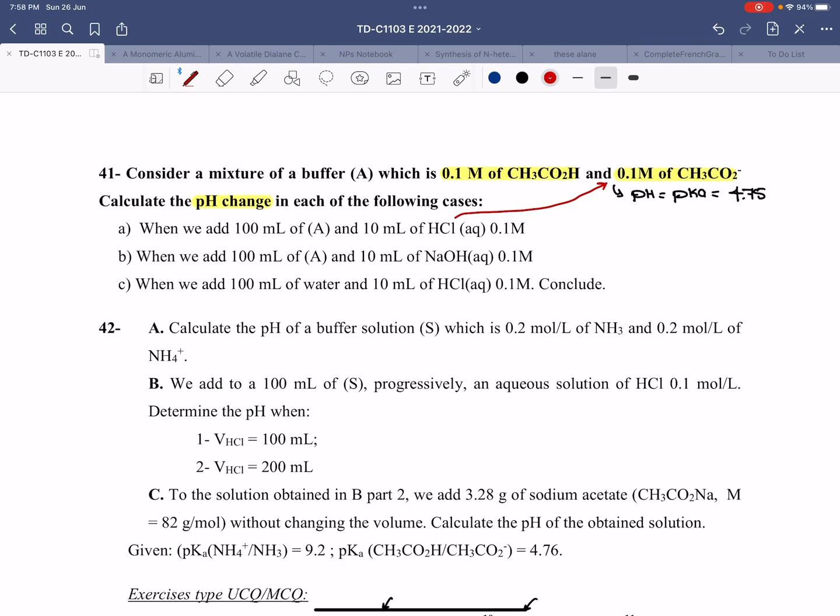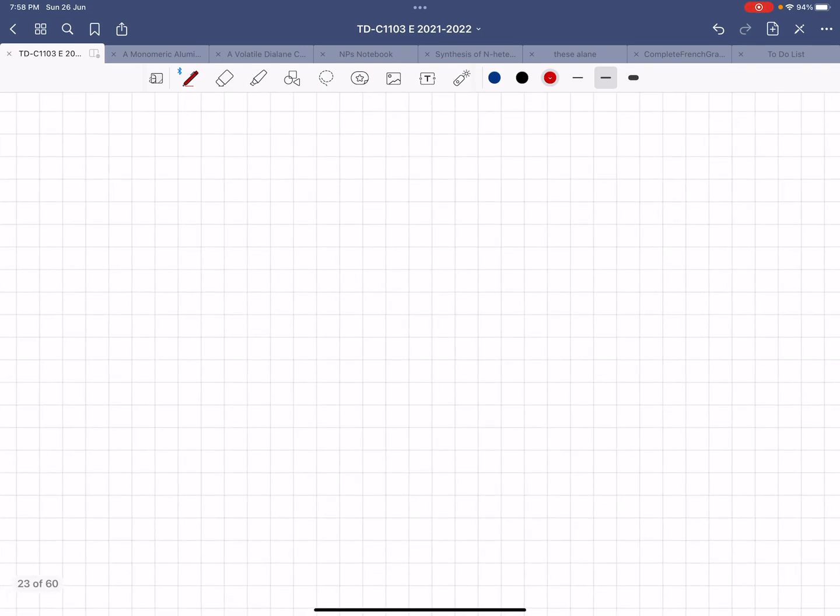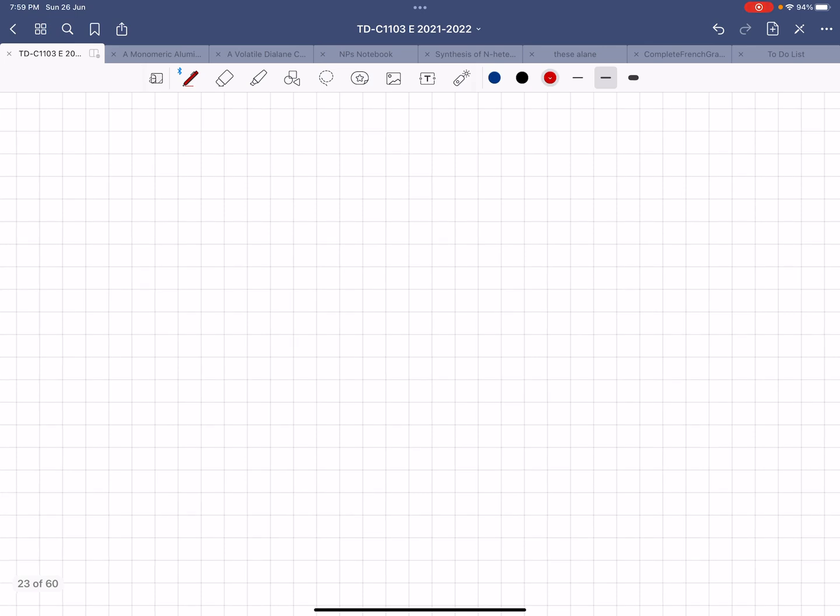It's always important to know what species will react with which species. So in part A, for number 41, we can simply just write the reaction. We have 100 milliliters of A plus 10 milliliters of HCl.